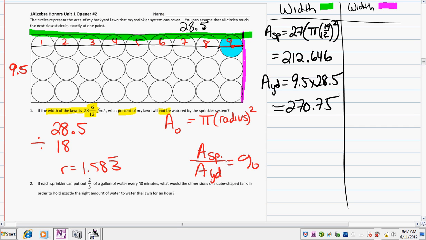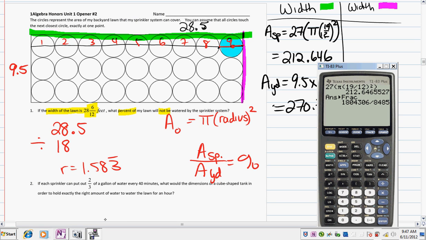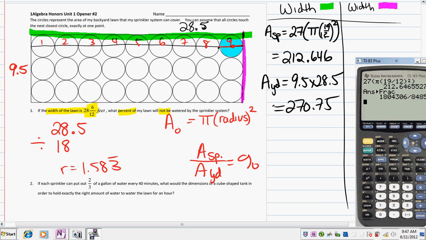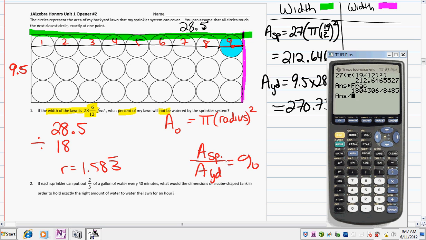So the percent coverage should be this number, the 212 number, divided by 270.75, because you take the part that you want to know over the whole. Now, we don't want to know this part, but this will help us.